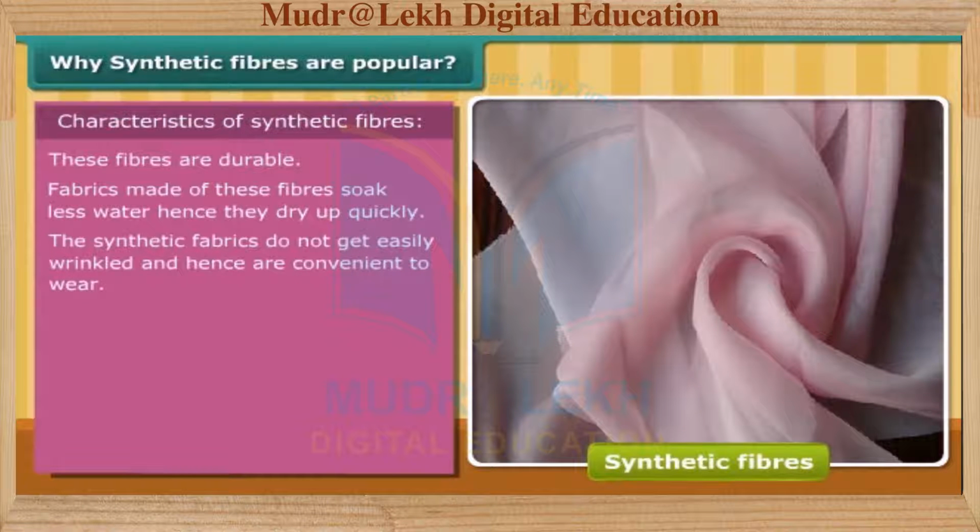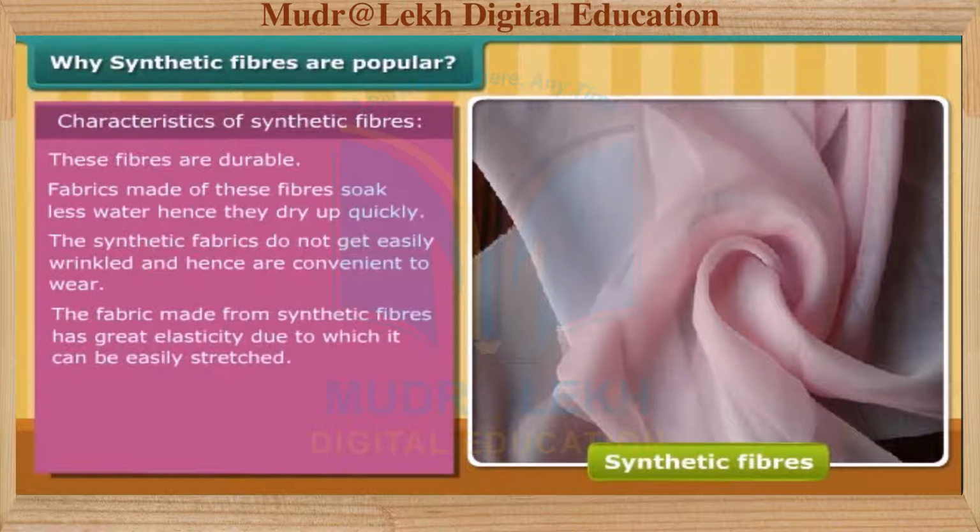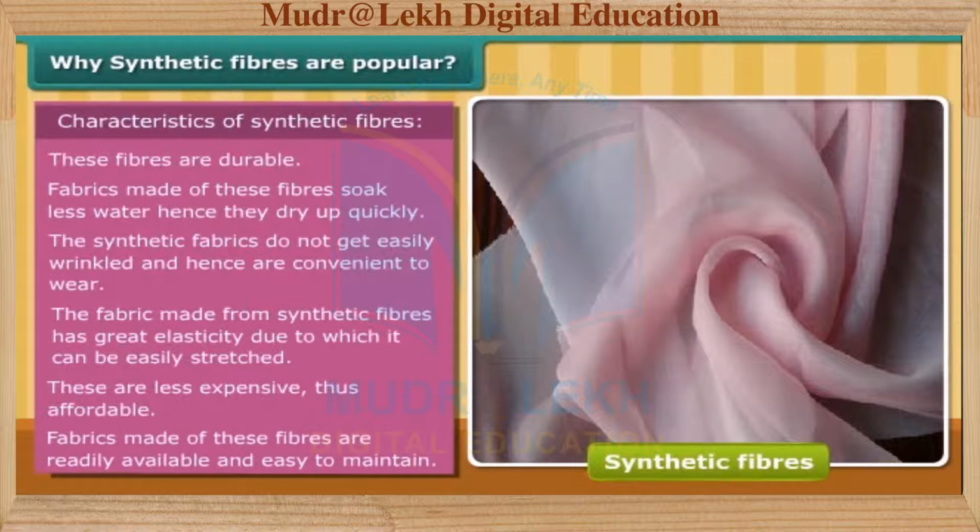The synthetic fibers do not get easily wrinkled and hence are convenient to wear. The fabric made from synthetic fibers has great elasticity, due to which it can be easily stretched. These are less expensive, thus affordable. Fabrics made of these fibers are readily available and easy to maintain.